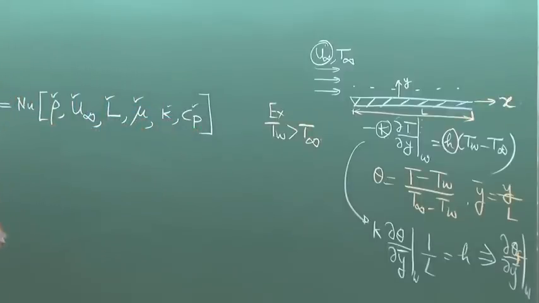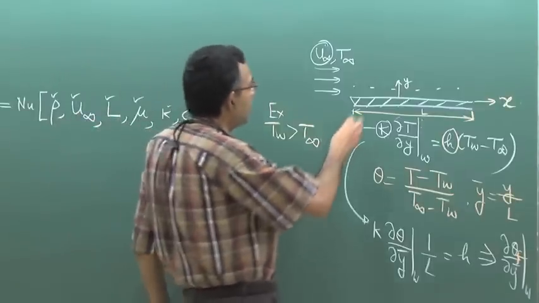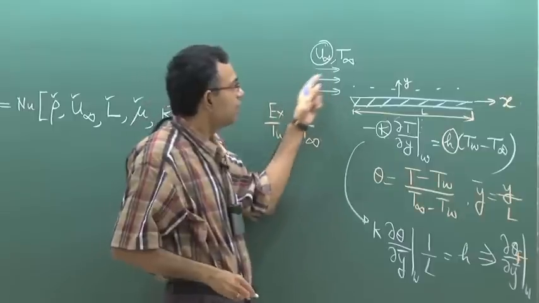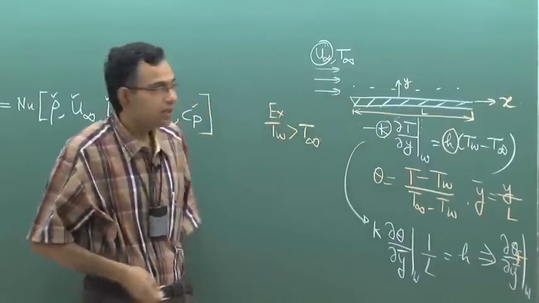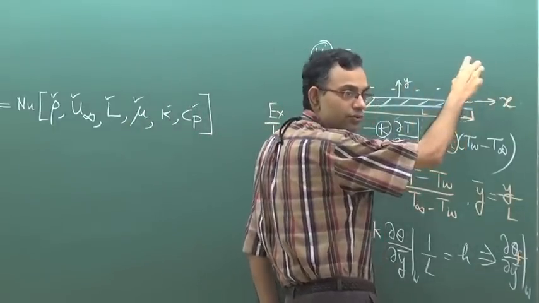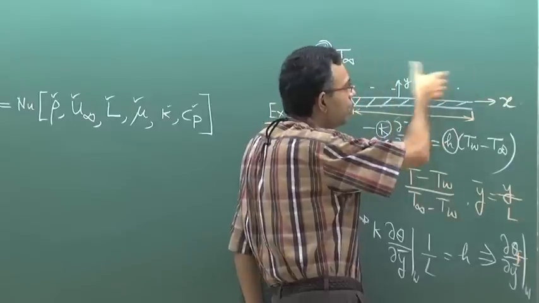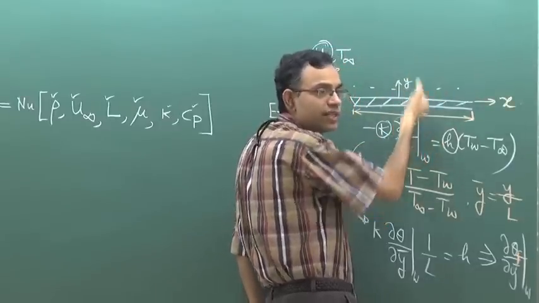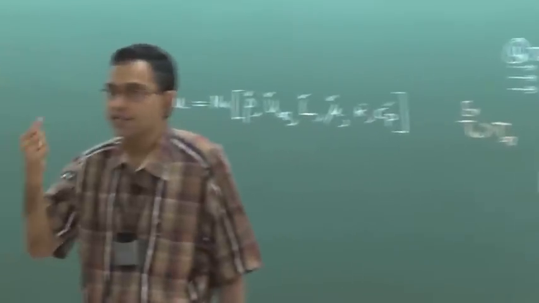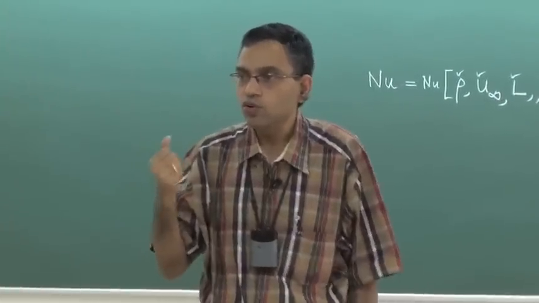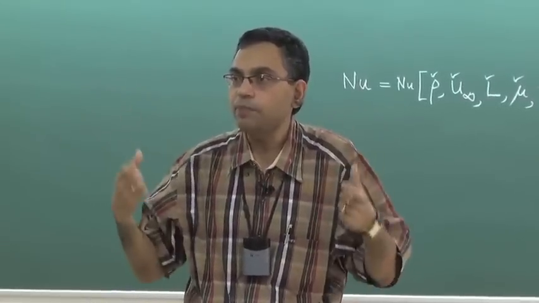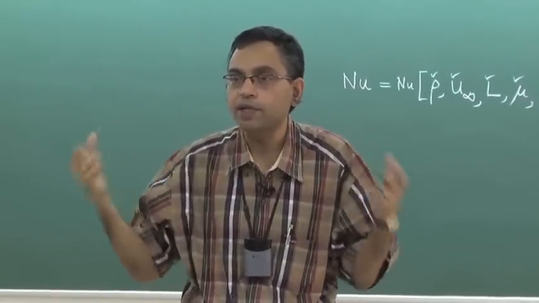The reason is like this. See what is happening with a higher U infinity, there is a higher rate at which heat is getting transferred by fluid flow. To compensate for that, to replenish that, more heat is to be supplied from the wall. So let us say that there is some person who is a voracious eater, who always eats, and after eating the person becomes more and more hungry, like a diabetic patient.